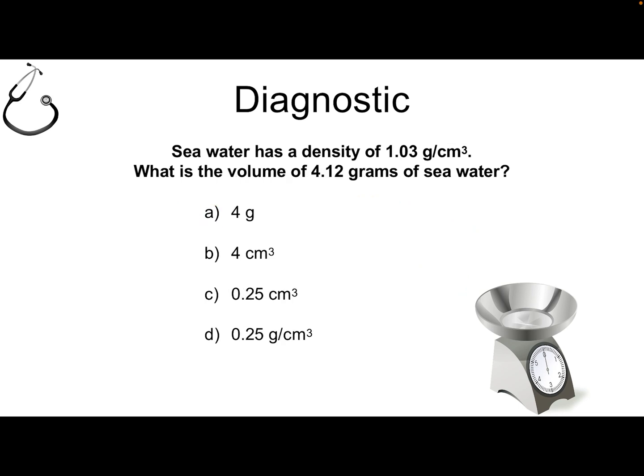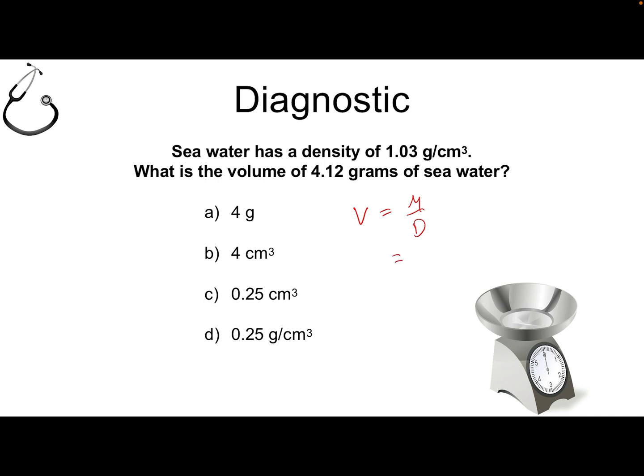Okay, last one. Seawater has a density of 1.03 grams per centimetre cubed. What is the volume of 4.12 grams of seawater? Okay, stop your video and have a go. Okay, we want volume. Volume is equal to mass over density.